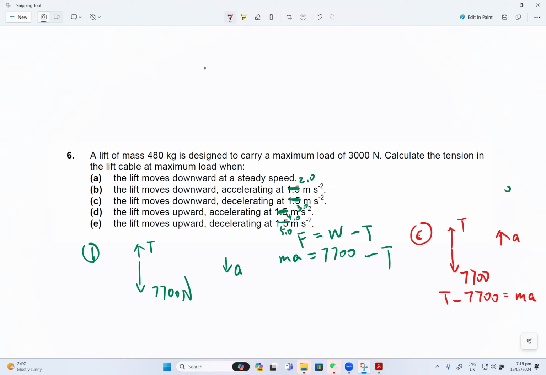We did ma already. Next step, we just substitute the values into it. We actually got here in the previous part: 480 times 9.81, this much Newton. So in total, 7,700.